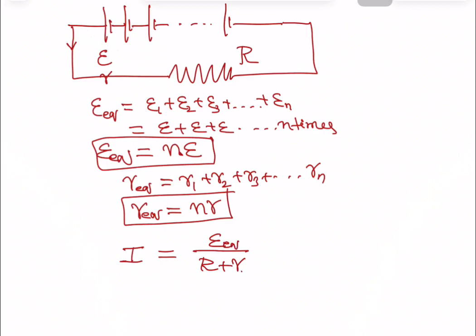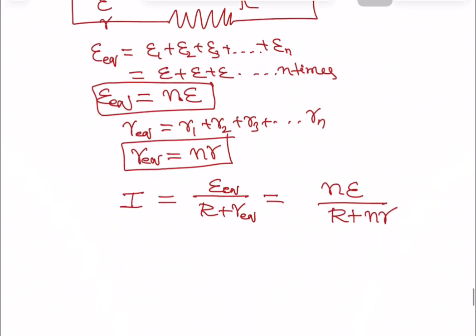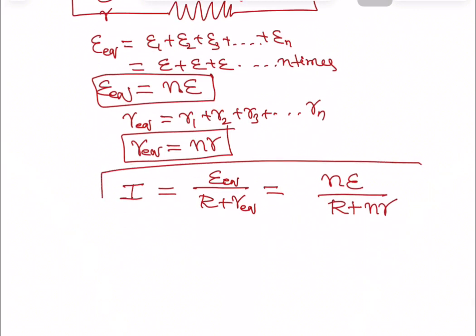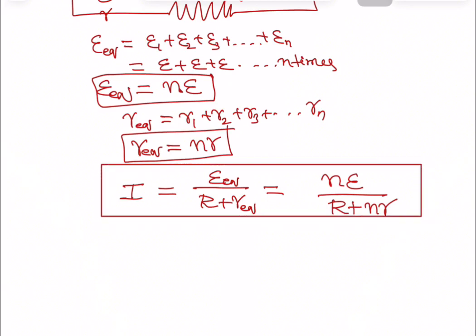So, equivalent EMF divided by external resistance plus R equivalent. Now substitute for the equivalent EMF, n times E. It's n times the EMF of an individual cell divided by R plus nr. Yes, students, this is the final expression for the current when a large number of cells are connected in series, each having the same EMF and internal resistance.